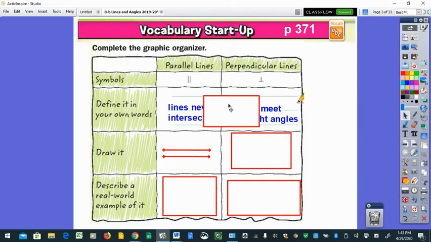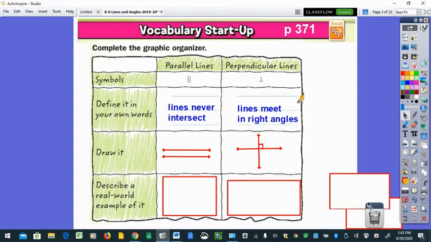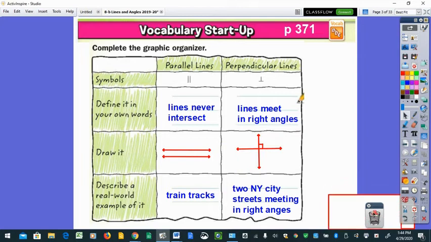If you were going to draw it, there's a pair of parallel lines, and there is a pair of perpendicular lines. Where can we find parallel lines in the real world? I just mentioned a second ago, train tracks would be a really good example. And then perpendicular, if you've ever been to New York City, it is a very nicely gridded city, so that the avenues and the streets come together in right angles.